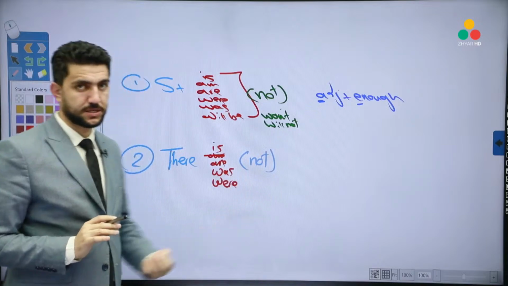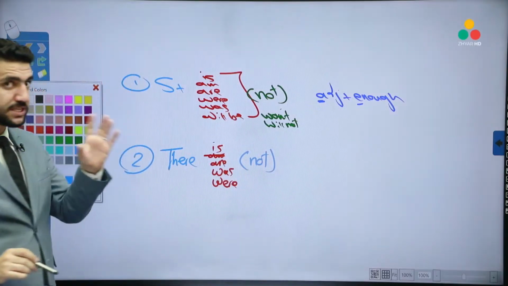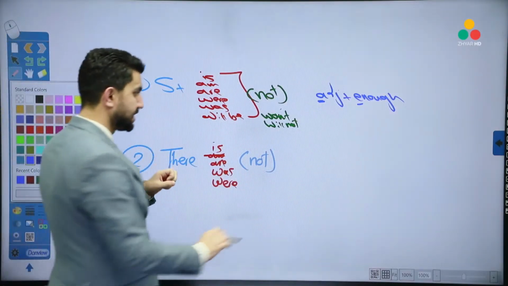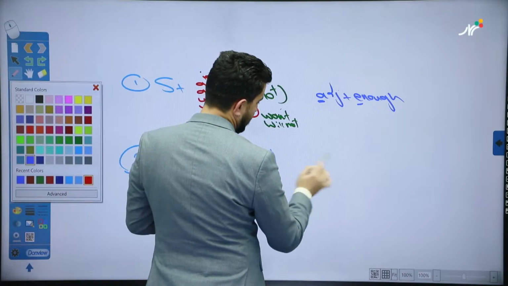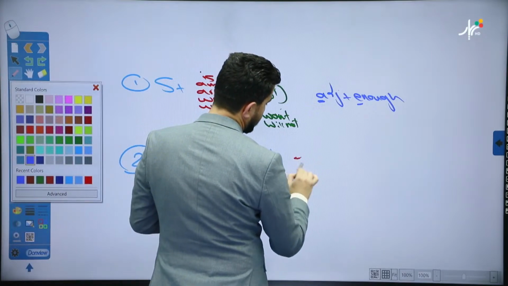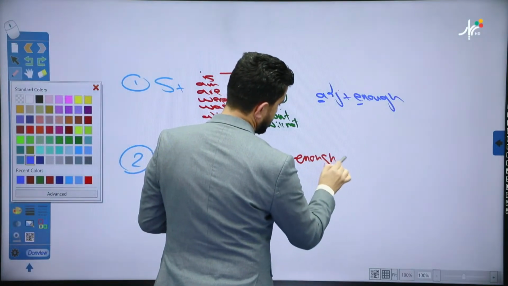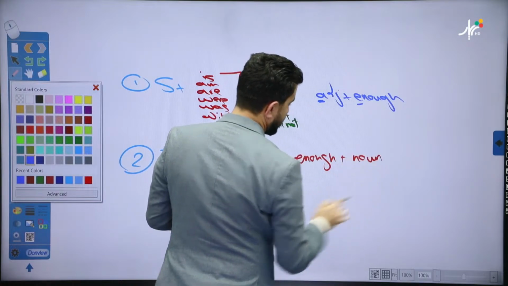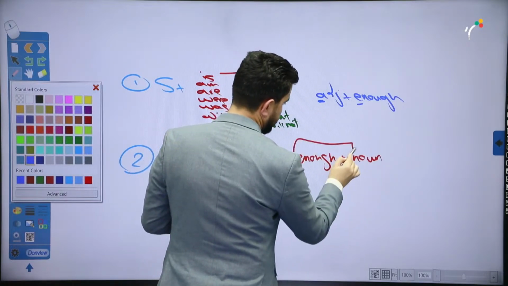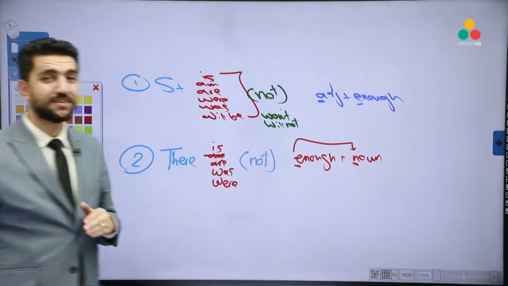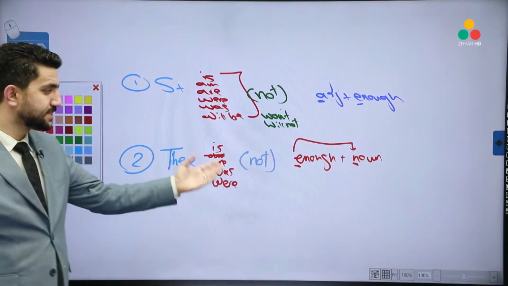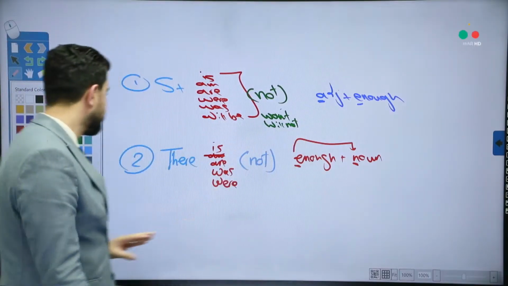There isn't. So when we use it with a noun like this, there isn't. So enough plus noun. How? Use alphabetical order. E always comes before N. So enough plus noun. Okay? There isn't enough something.